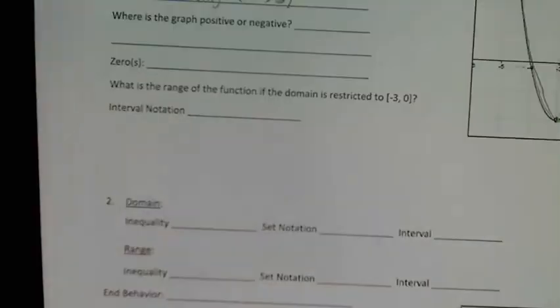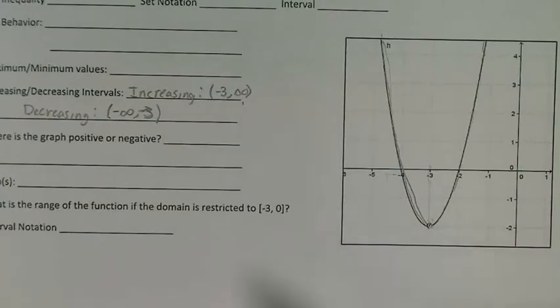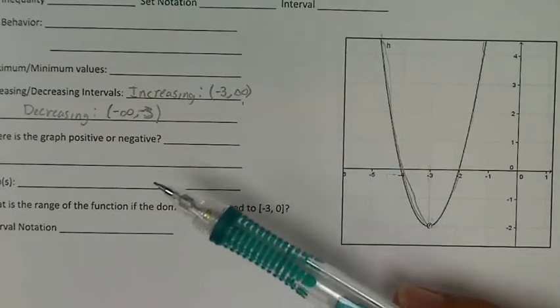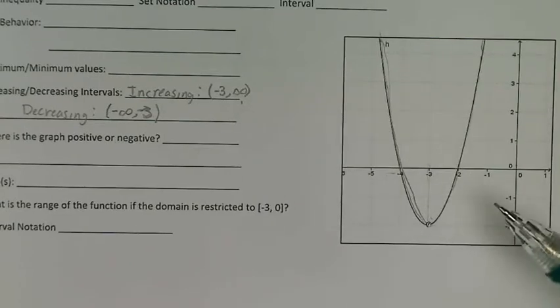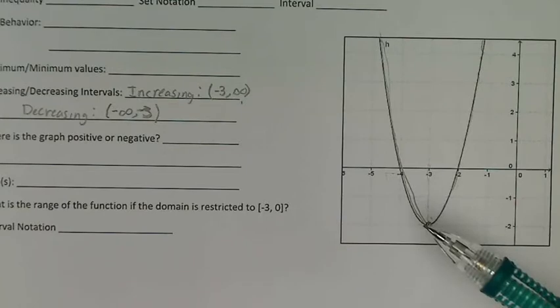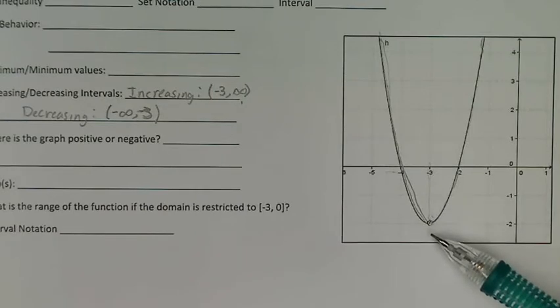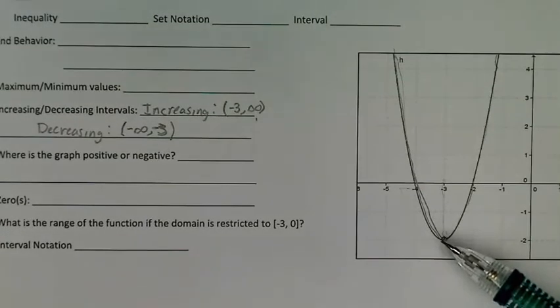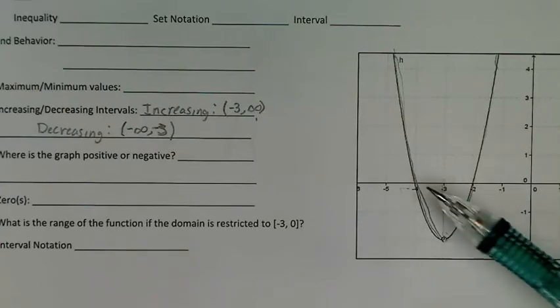All right, so let's look at this graph again. So we have a change, if we're going from left to right, we have a change from decreasing to increasing. So, as stated in the definition, that should create a minimum, and that's what we see here. So what would that minimum value be? Well, it wouldn't be -3 because there's x values that are lower than that.